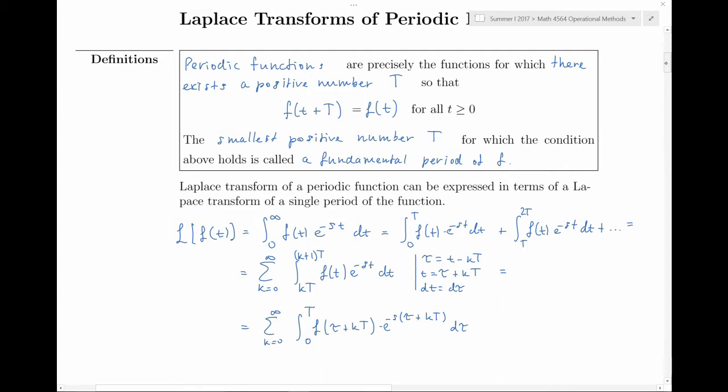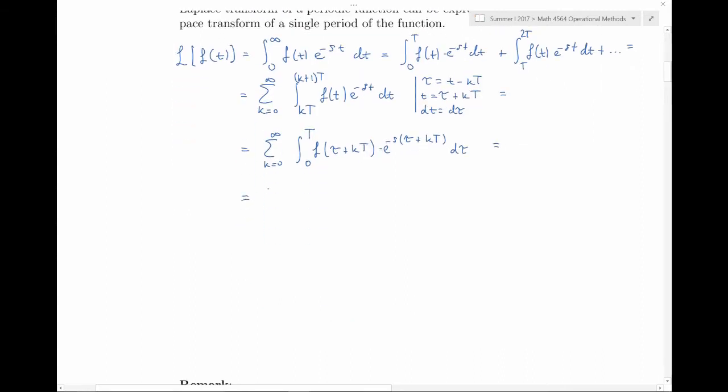Since the functions are periodic, each one of those integrals can be viewed as integration of just f of tau, and I can break apart the exponential into a product, which I can simplify into a summation.